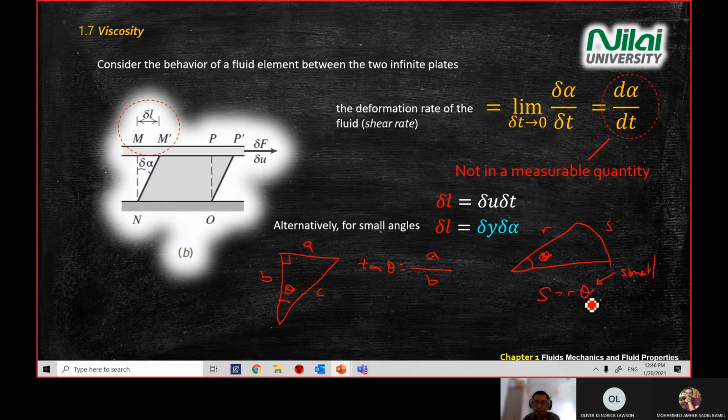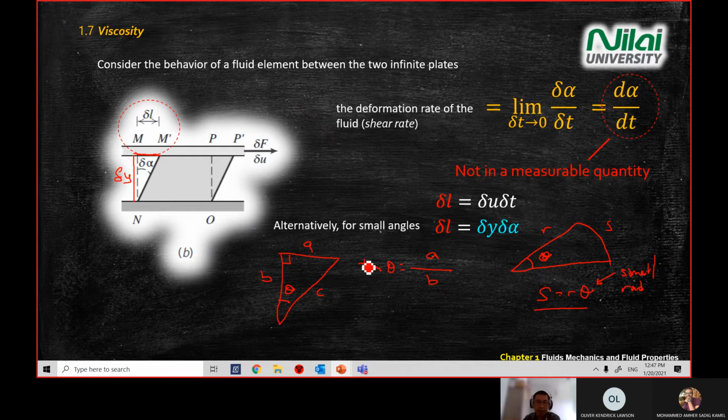Okay, R is in radian. So if your theta is small, then you can use S equal to R theta. So that's why for the second equation for length, we can take y or del y, from here to here, times the alpha to get the length.